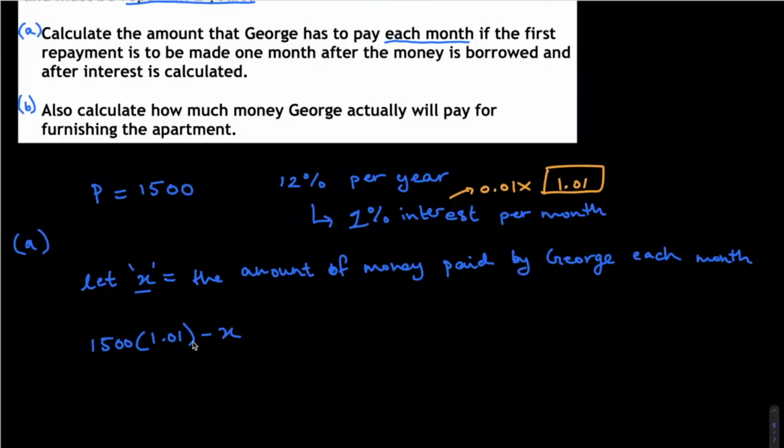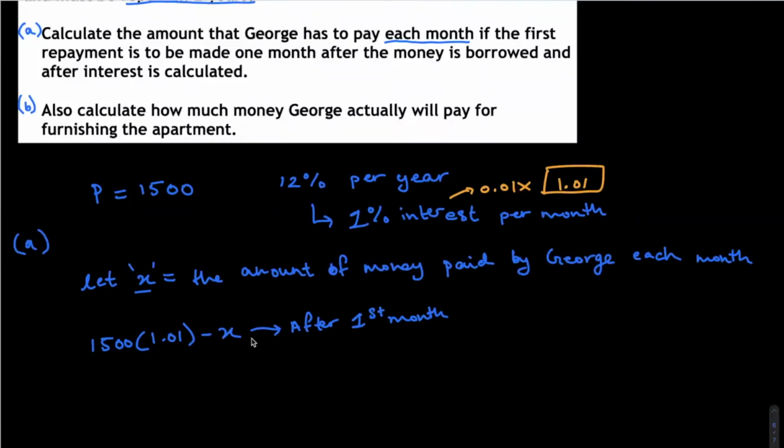So this is the interest being put on after 1 month, and then this is the money that George pays to get rid of his debt, right? So I'm gonna keep this in blue, and I'm gonna say after first month, okay?